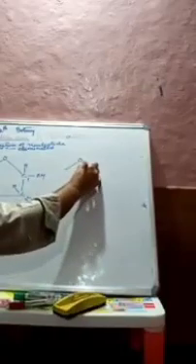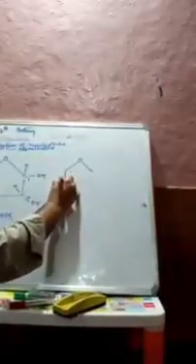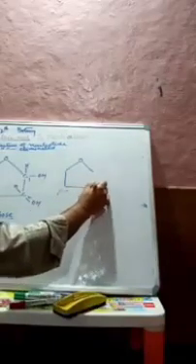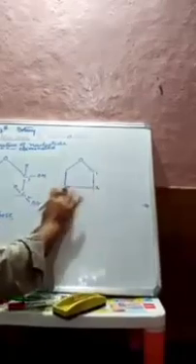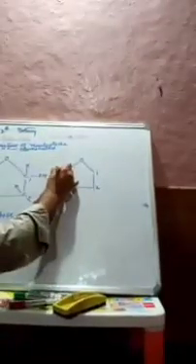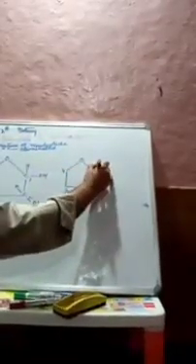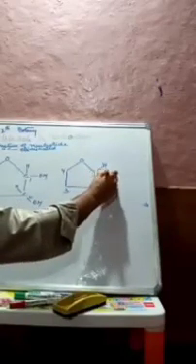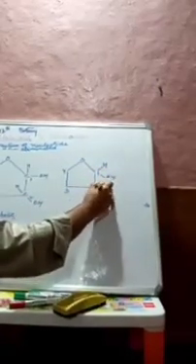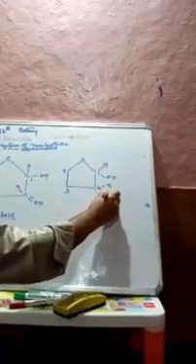Now in the case of deoxyribose, I will draw the structure. This is carbon first, carbon second, carbon third, carbon fourth. Here we have hydrogen and hydroxyl group. Here it is hydrogen and hydrogen.